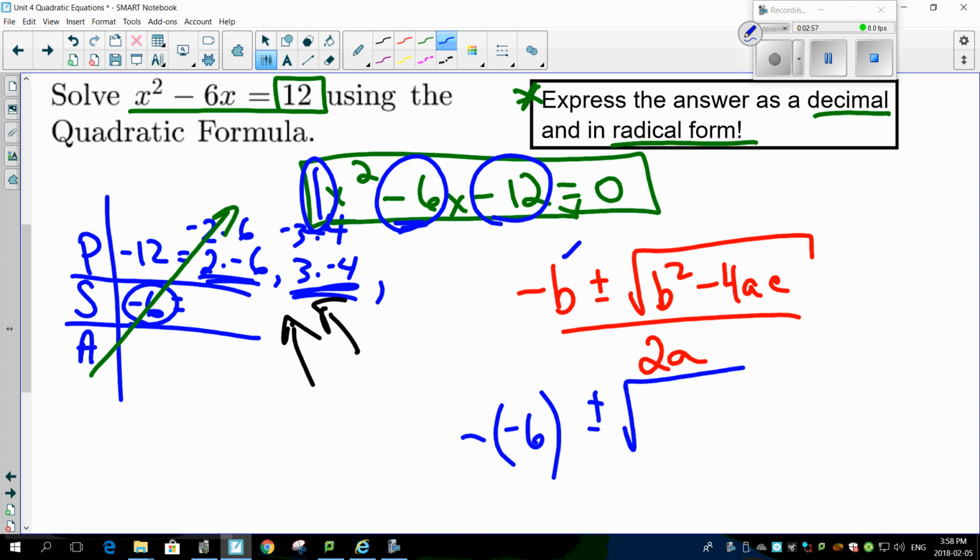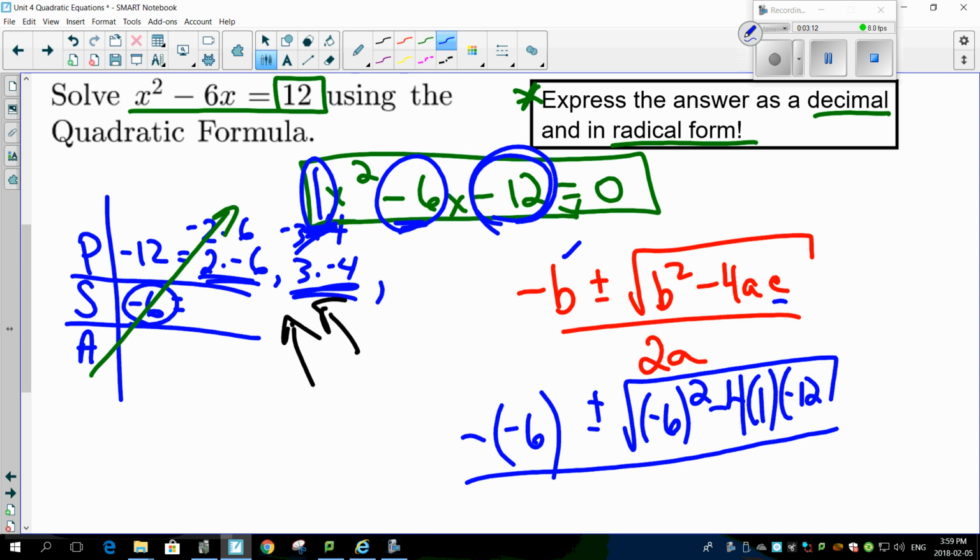Plus or minus the square root. Again, minus 6 squared minus 4. Your a is 1. Your c now is minus 12. Minus 12 over 2a. 2 times 1, which is just 2.